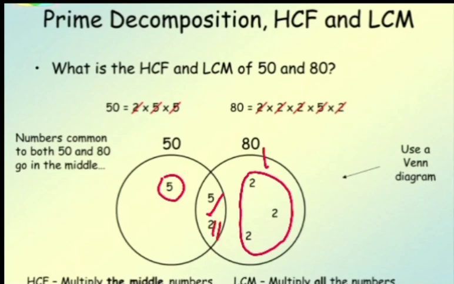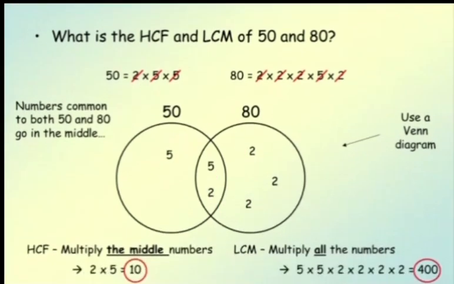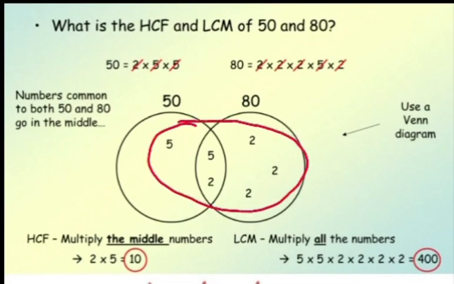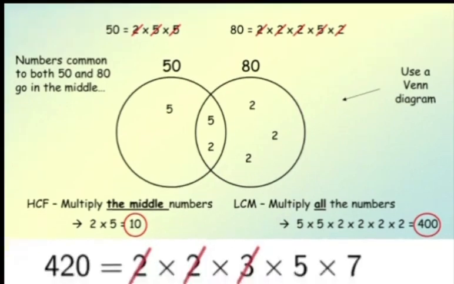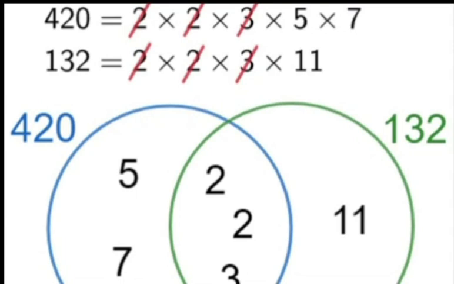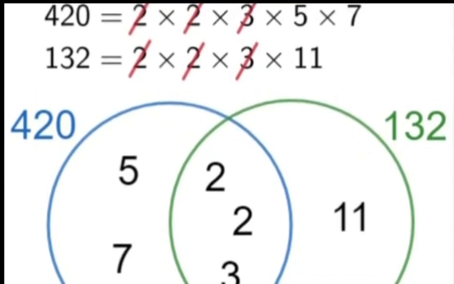So this common part gives us HCF, and the product of all the factors gives LCM. We consider another example, 420 and 132. We have to find LCM and HCF using the Venn diagram.